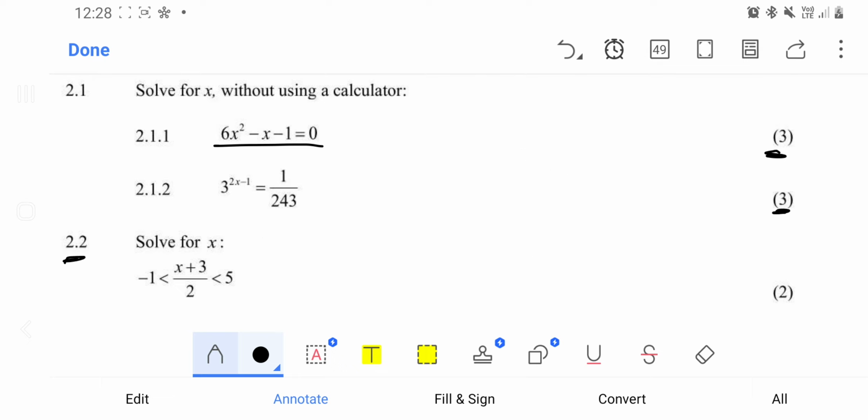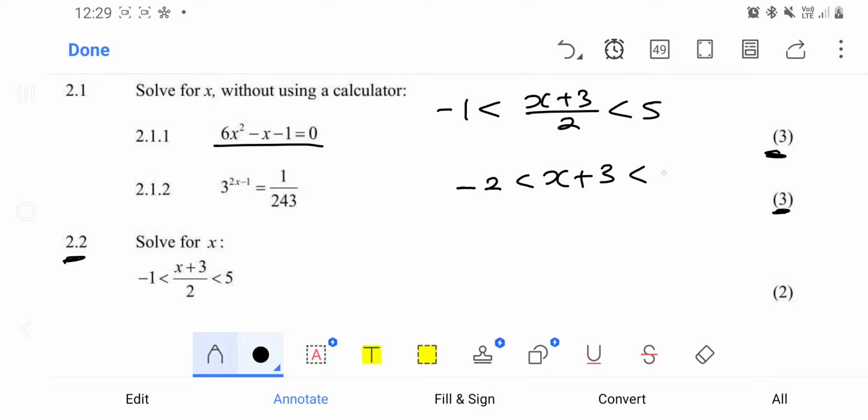2.2 Solve for x. We have -1 less than (x plus 3) divided by 2 less than 5. So the first thing, we cross multiply. On the left hand side we get -2 less than, and then we remain with x plus 3 in the middle, and then on the right hand side we have 10 because it's 5 times 2.